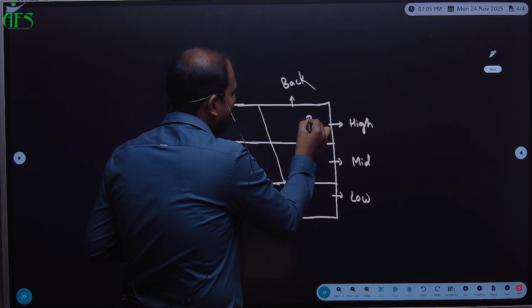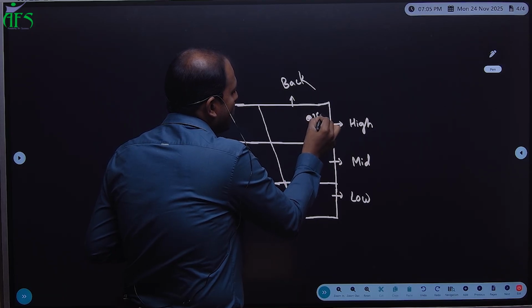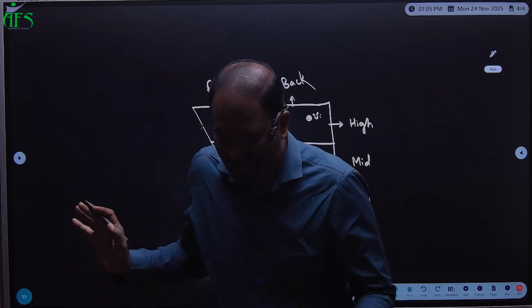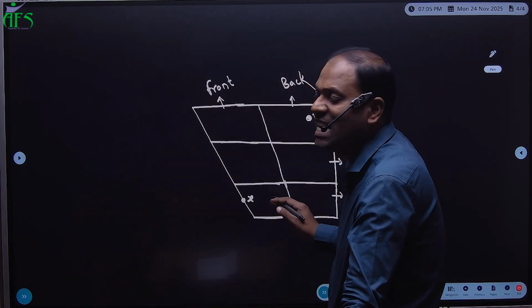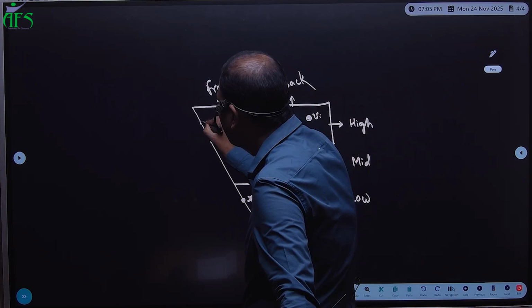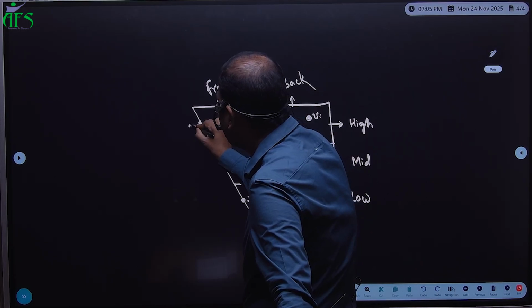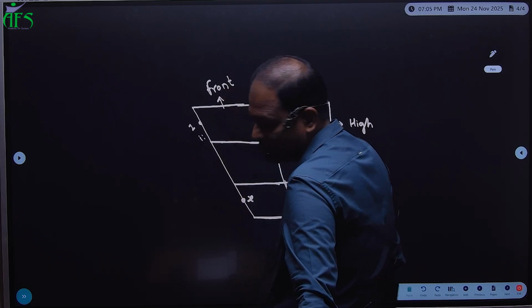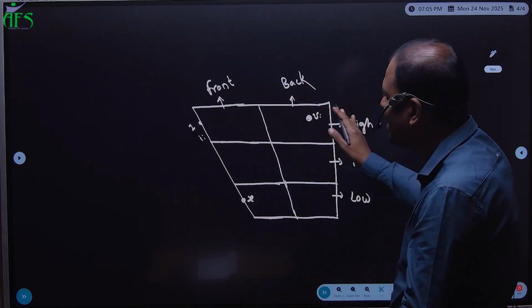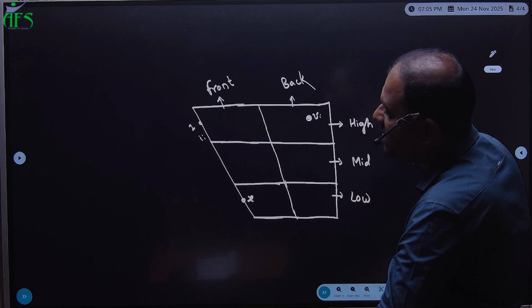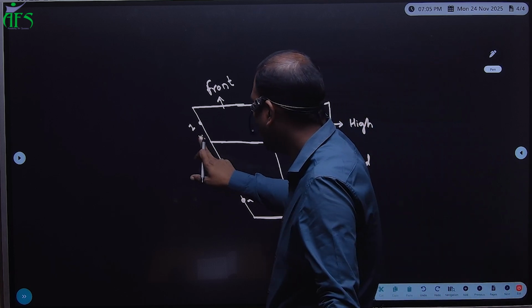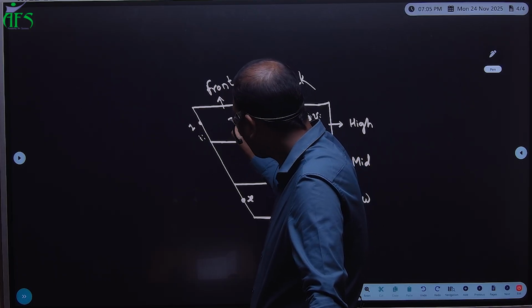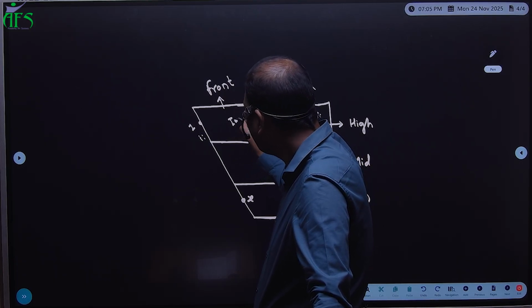It is around here somewhere. Or like e, it remains here somewhere. So the longer e will be here and the short e will be here somewhere.